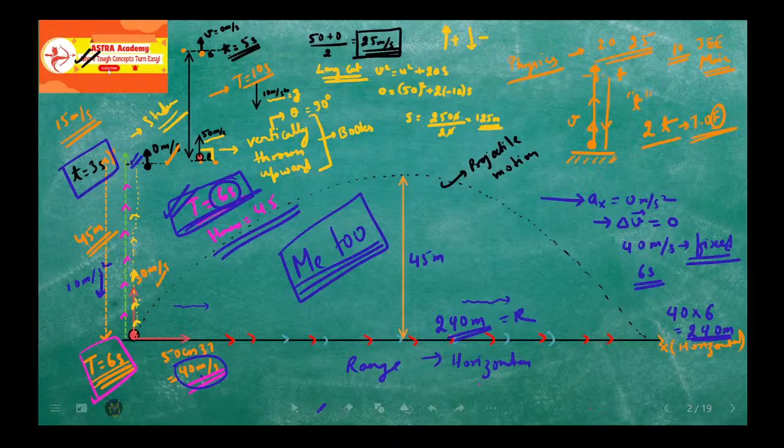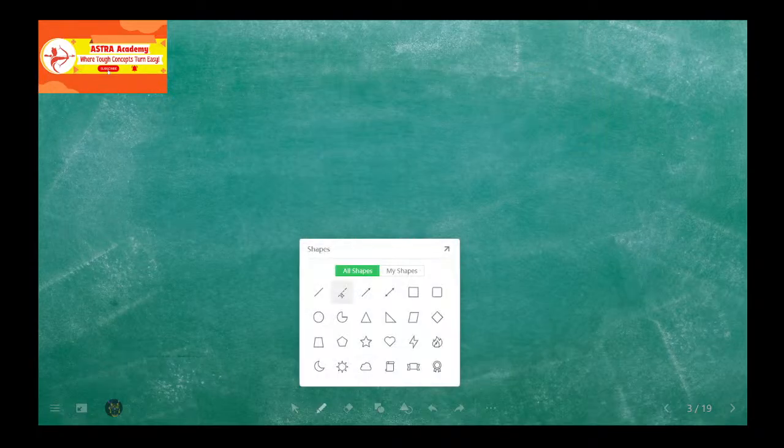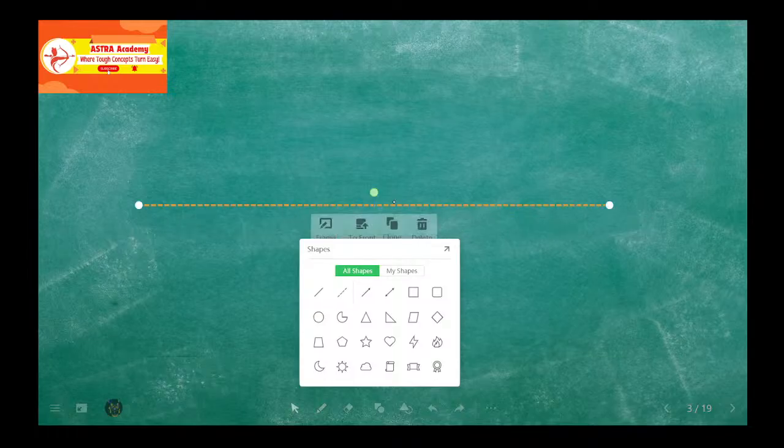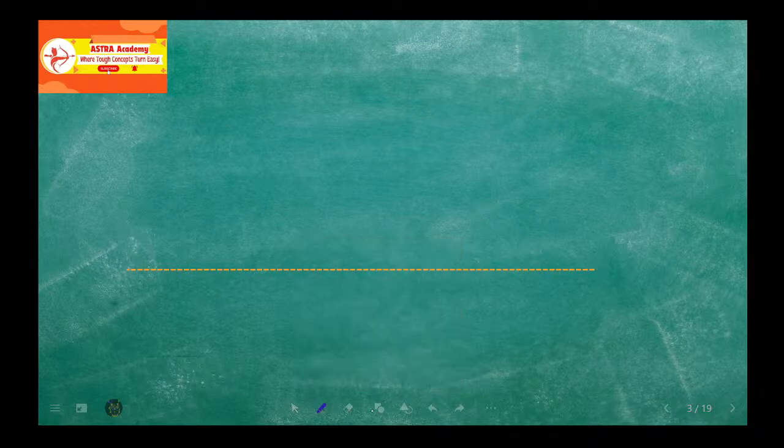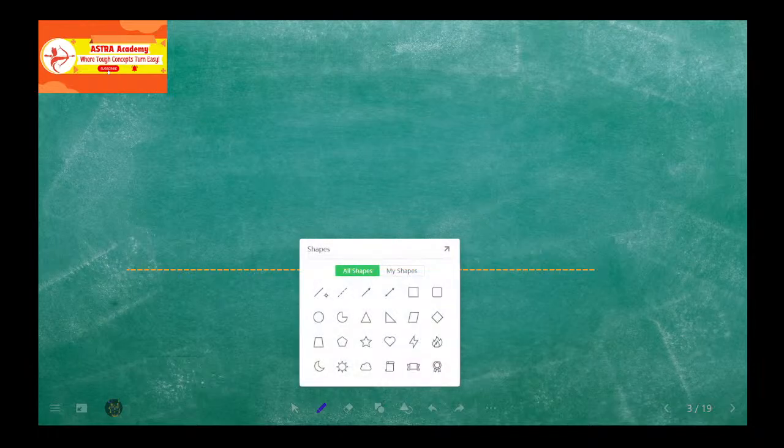Okay. Now I am giving you a question. Now it's your turn to do questions. It's not my turn, it's your turn. This is a ball.